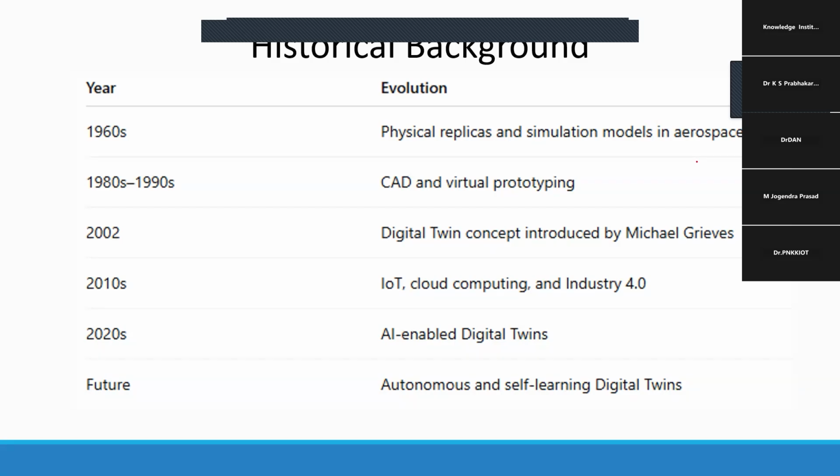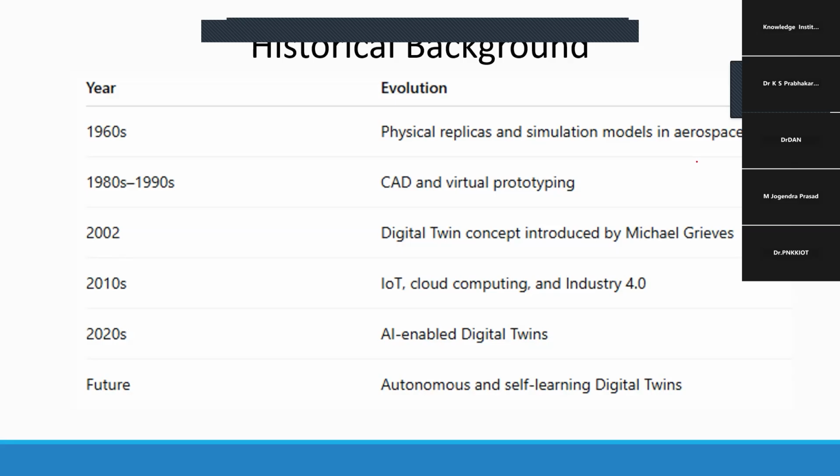IoT, the Internet of Things, enabled real-time connectivity between devices, and cloud computing matured. Big data analytics allowed organizations to process enormous volumes of information. This development transformed the digital twin from a theoretical concept into a practical engineering tool.